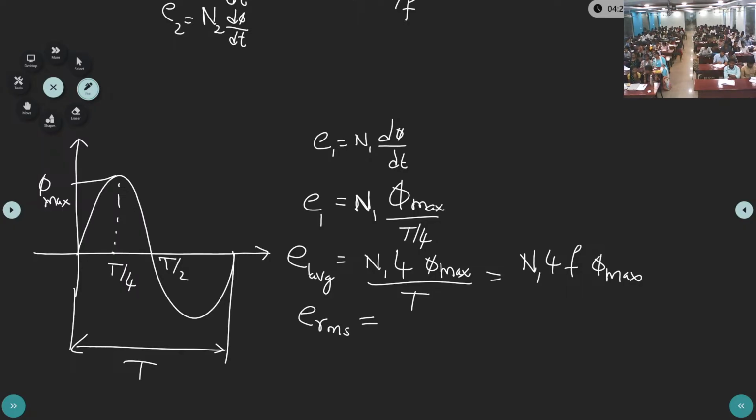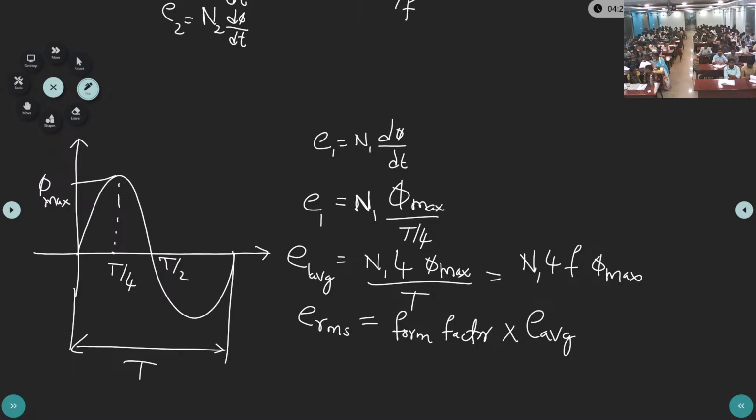E RMS, what is the formula for E RMS? E RMS is equal to the form factor into E average. Do you remember? Form factor is the ratio of E RMS to E average.